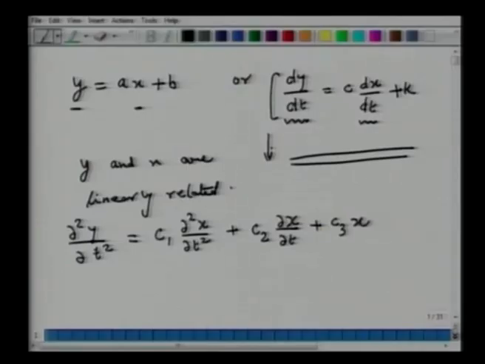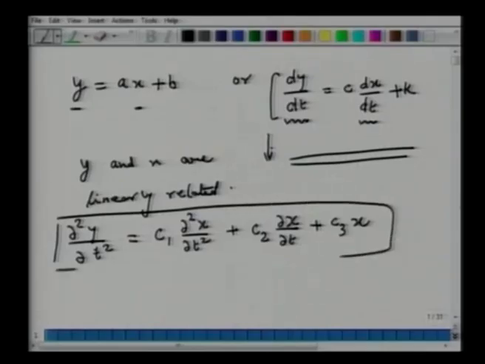Again, by inspecting this whole relation, the power of y is 1 and the power of x in the entire relation is 1.